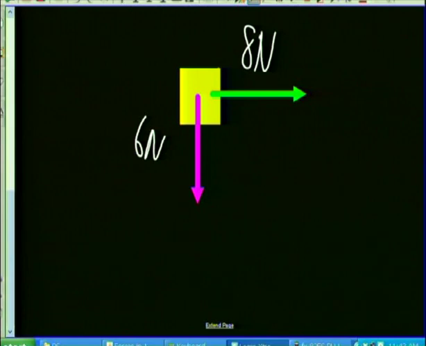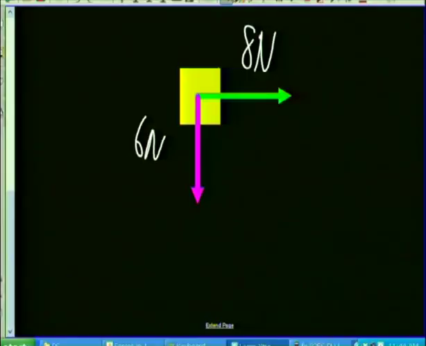Notice that these are lying in a position where they're acting on the box and they're acting tail to tail. So if we were to draw a free body diagram, we can see they're going from one point, and they're both acting in the same direction, from that one point away. They're not acting head to head.